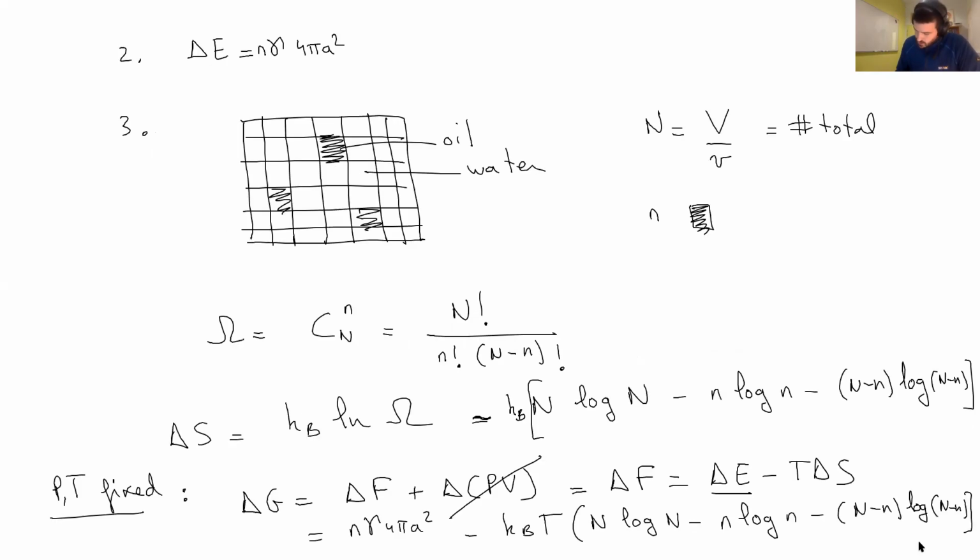So N is the total volume divided by V. So let us just write it here. And the total volume is made of two things.